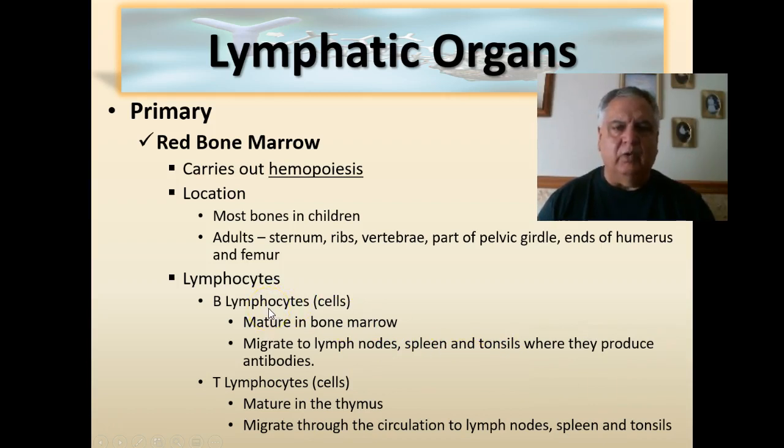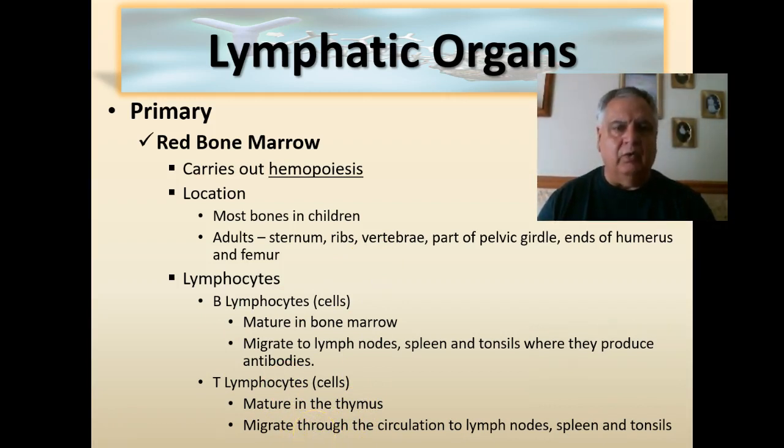B cells, while they're born in the bone marrow, also remain in the bone marrow and mature or become immunocompetent. That's the B designation. On the other hand, T cells or T lymphocytes, once they're born, will leave the bone marrow and travel to the thymus, where hormones called thymosins in the thymus will act upon these cells to differentiate them, and they will become immunocompetent and take on their role.